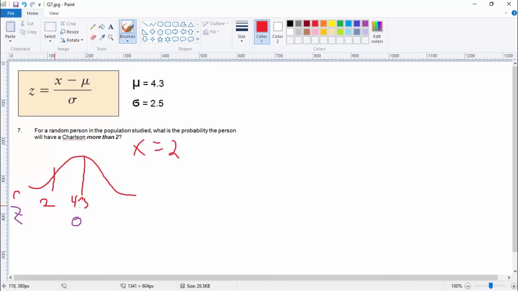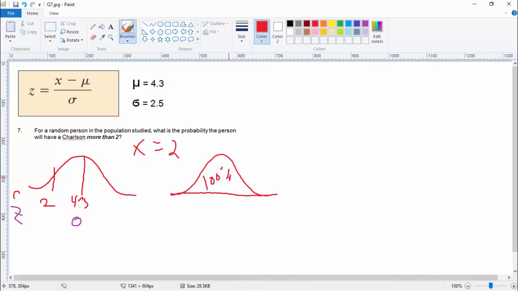So I just drew the line. Now the question becomes, what part of the shape do I want? Because I just want to remind you that when you have a shape like this, the whole shape equals 100%, right?